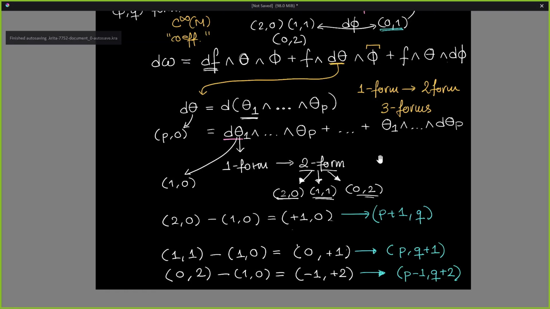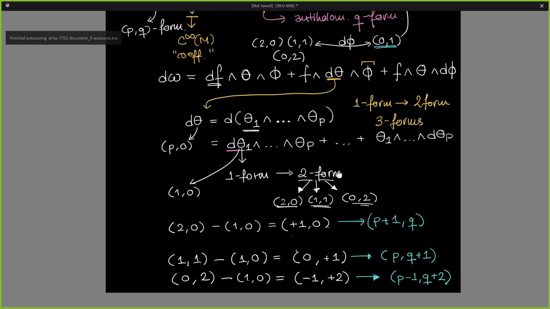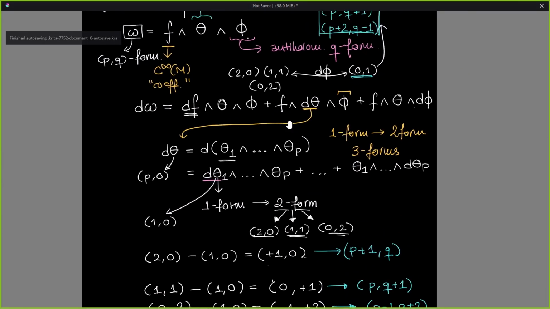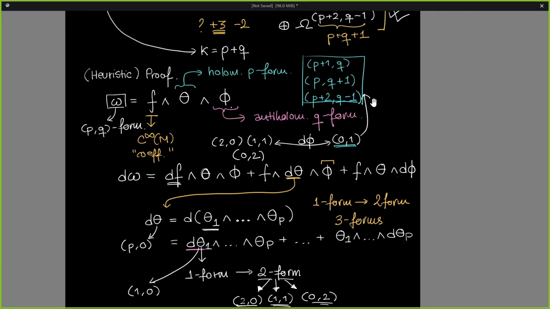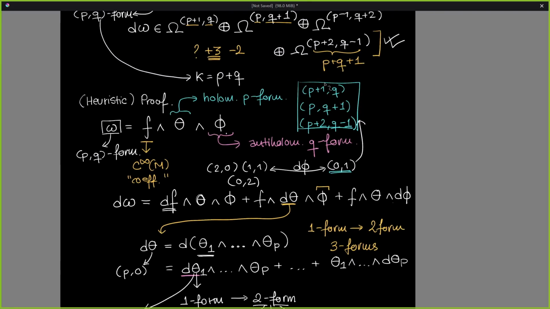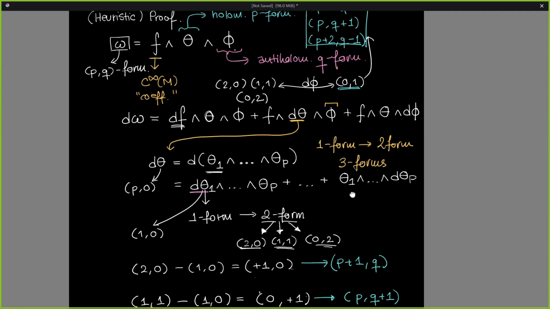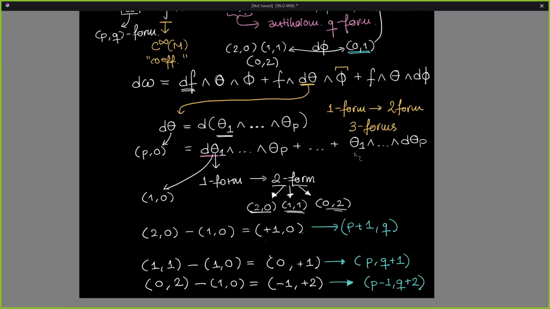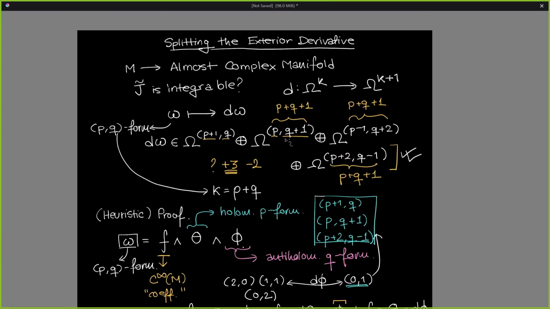But what I'm claiming, and what you can check if you are really inclined to do so, is that there are no other changes in grade. If every term gets a grade change that is within all of these, then definitely d omega has to be an element of this space, and it can't be anything else.